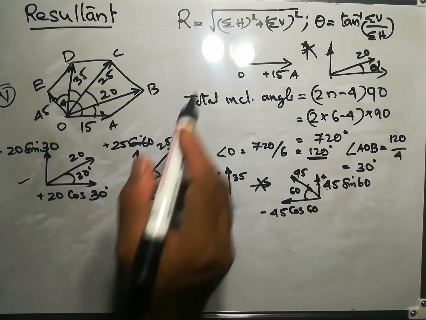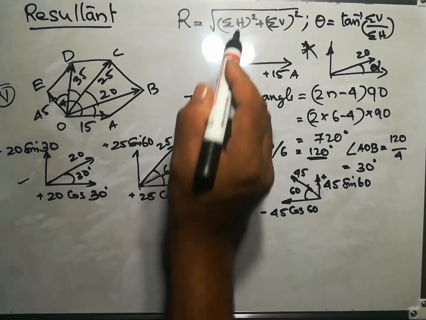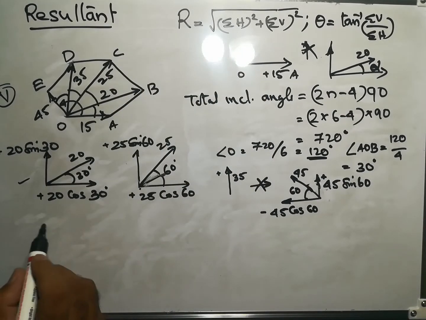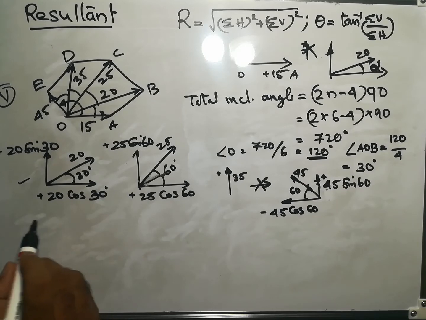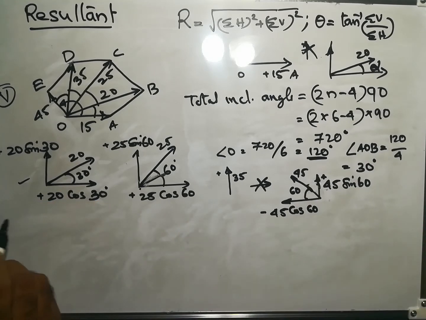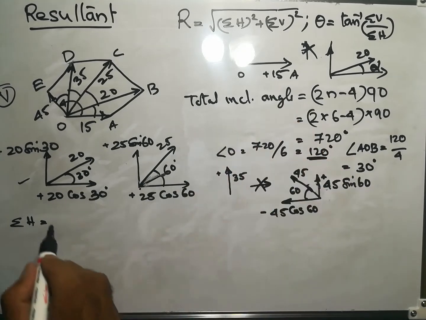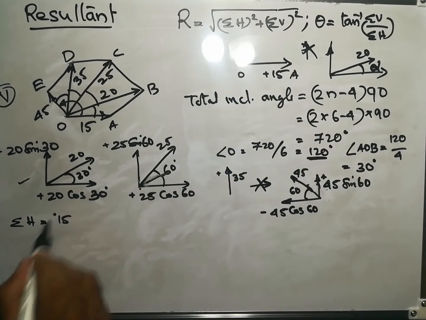So these are the components of all the forces. Now we need to find the algebraic sum of the horizontal components of all the forces, sigma H. So what are the forces constituting sigma H? First one is 15, that is plus.